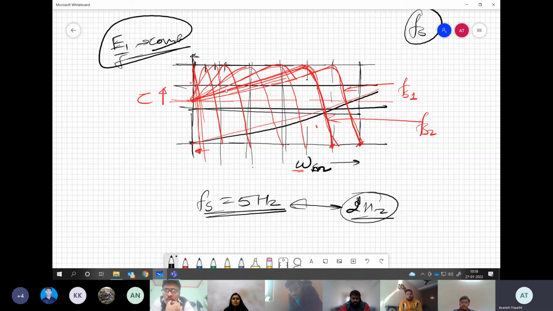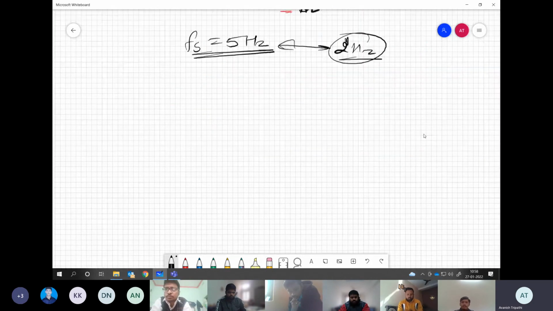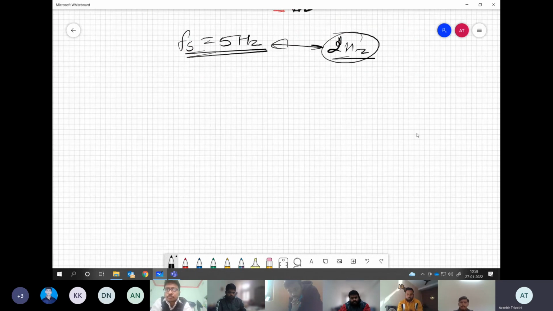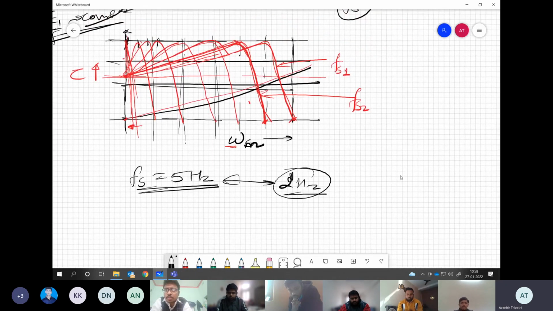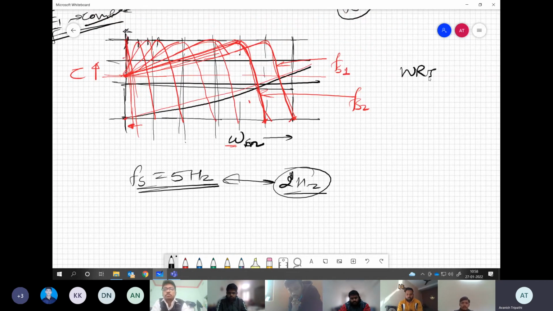So in this manner we are not disturbing our constant, and we are able to retain the properties of the characteristics. Am I clear? Yes, sir. Correct? Then this could be a very good method for any motor, whether a wound rotor or a squirrel cage motor. For both it is applicable.